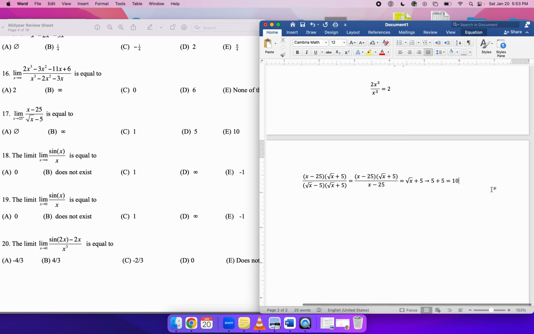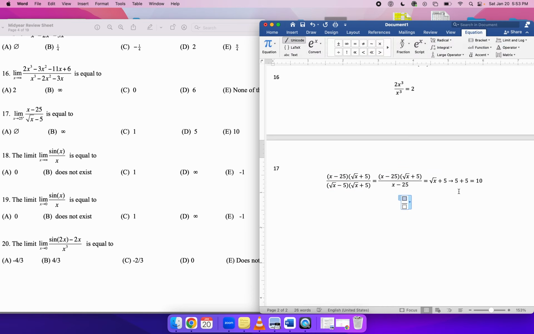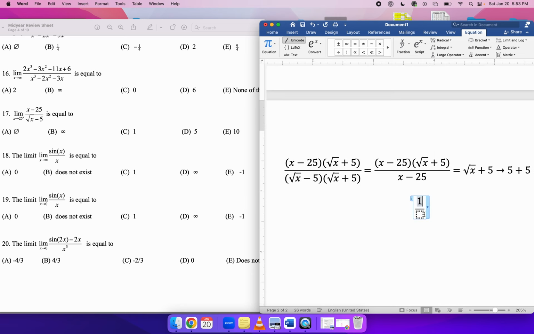If you wanted to use L'Hopital's rule, you certainly could. Taking the derivative of the numerator would give you, I think, just 1. The derivative of the denominator would be 1/2 x to the -1/2. Because of the negative exponent, this x to the -1/2 is going to go upstairs and become positive.